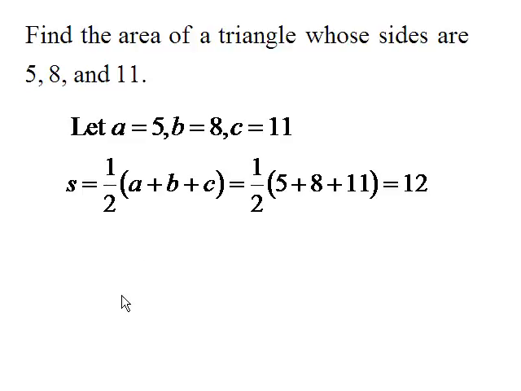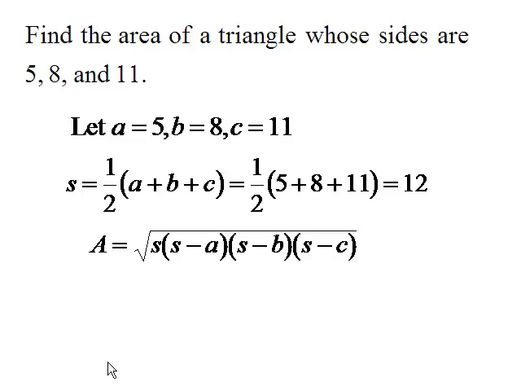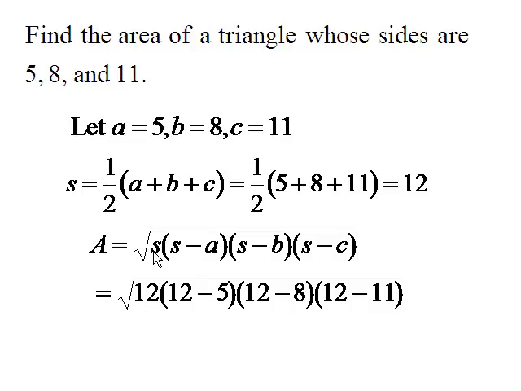Divided by 2 is 12. And then the area is built from S as 12. S minus A is 7, S minus B is 4, S minus C is 1. So what's under the radical is 12 times 7 times 4 times 1.